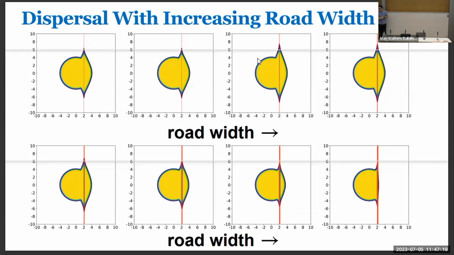All the other parameters in the problem are fixed apart from the road width. If we increase the road width, we have this ideal road width where the rate of invasion is at a maximum. And if we continue to increase the road width, we go back down, eventually acting as a barrier and slowing down the rate of invasion.